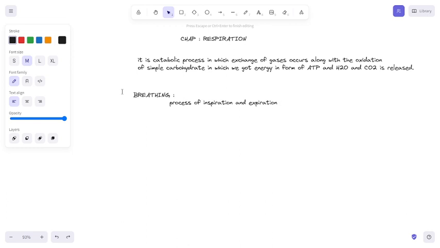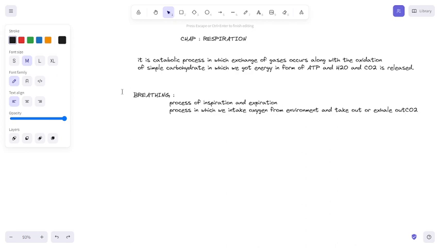It is also defined as a process in which we take in oxygen from the environment and take out, or exhale, carbon dioxide, CO2.